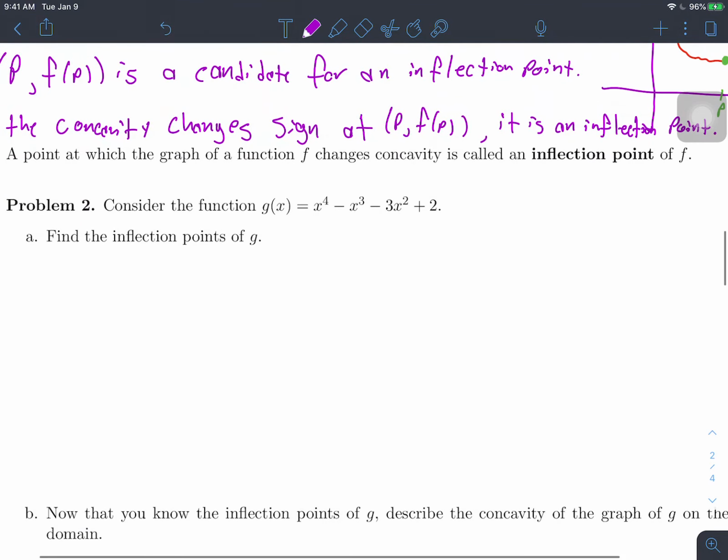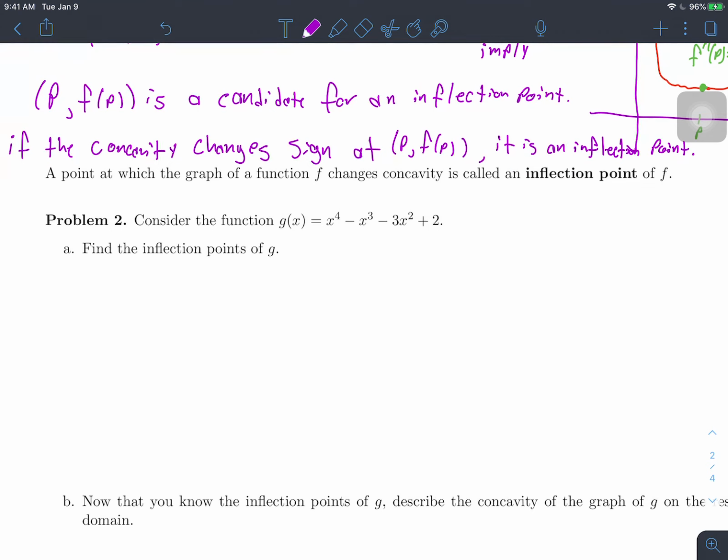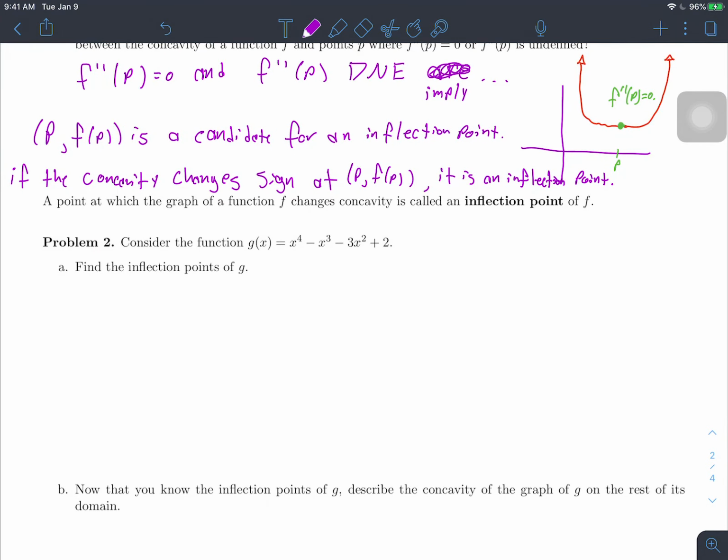Okay, so we're given a function. We don't even know really what its graph looks like, so we're going to need to be a little bit careful here. First, we're going to need to find our candidates. Once we have our candidates, we will need to check this condition.